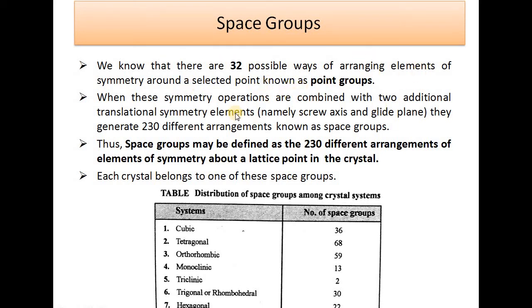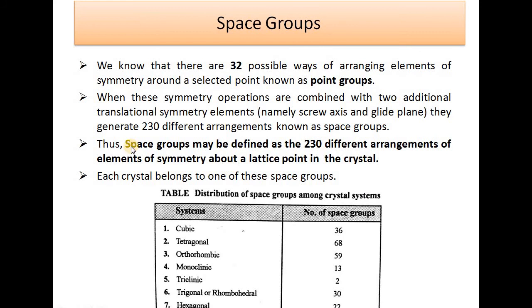Now when these symmetry operations are combined with two additional translational symmetry elements, which we know as screw axis and glide plane, then they will generate a total of 230 different arrangements, and these arrangements are known as space groups. So when we combine two additional translational symmetry elements with these point groups, we get a total of 230 different arrangements of elements of symmetry, which are known as space groups.